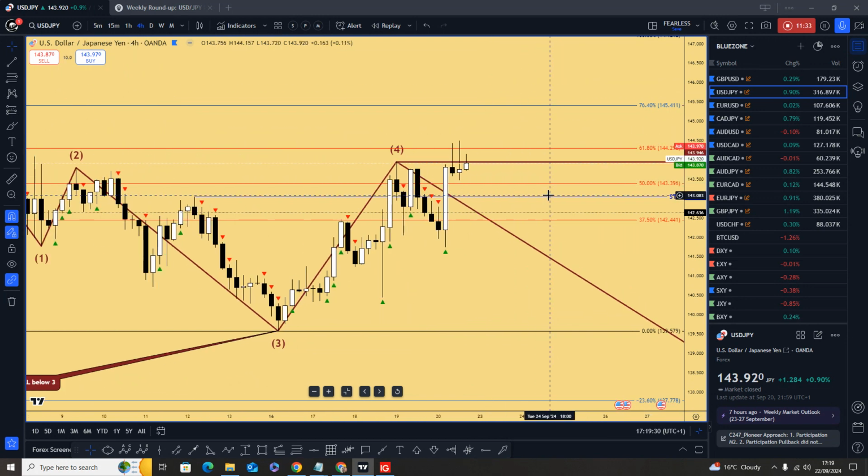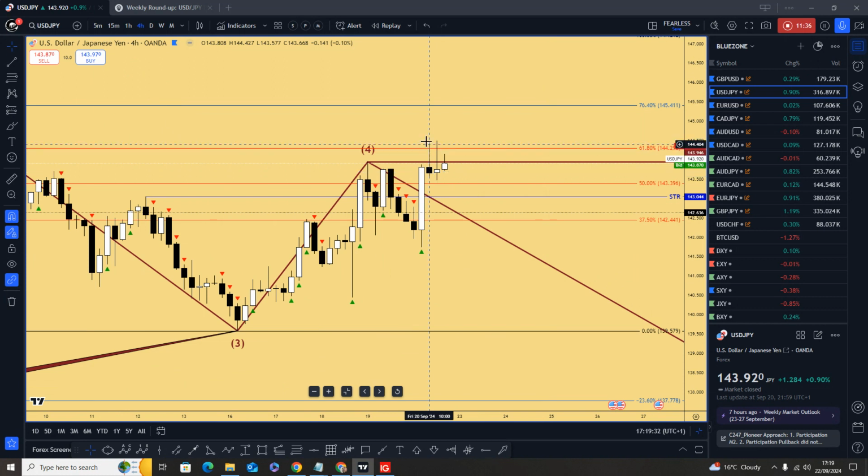But as you can see on this 4 hour chart, we had a trade above, close below, a trade above, close below, a trade above for the last 4 hour bar of the week, a close below. That is bearish. All we can see is they're taking the stop loss out.